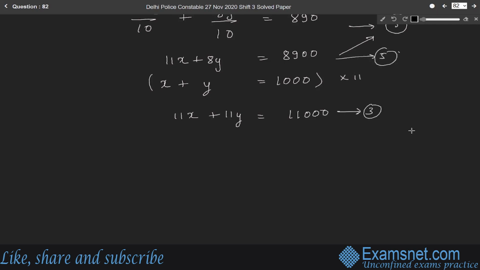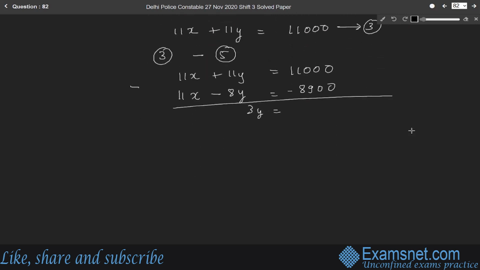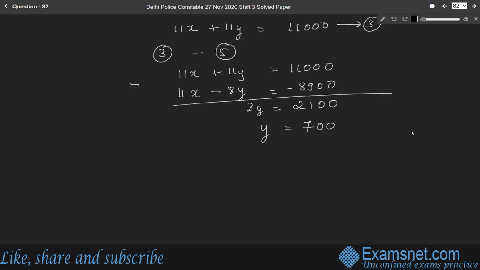Therefore, equation 3 minus 5 becomes 11x plus 11y is equal to 11,000 minus 11x minus 8y becomes minus 8,900. So it gives 3y is equal to 2,100. So y is equal to 700. What is y according to our assumption?